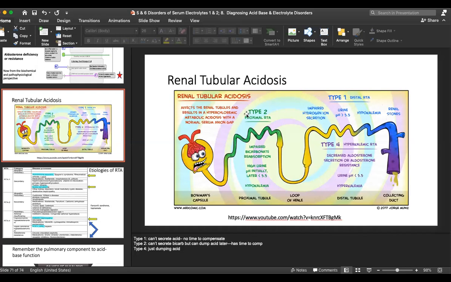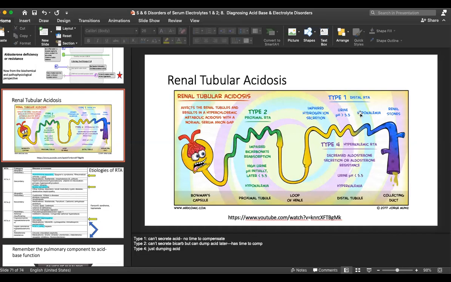So our type 1 and 2 are going to be potassium wasting. And then type 4 is potassium sparing. And it's going to have a low urine pH. And then type 2 will as well. Type 4 is just going to be dumping acid. It's right at the end.